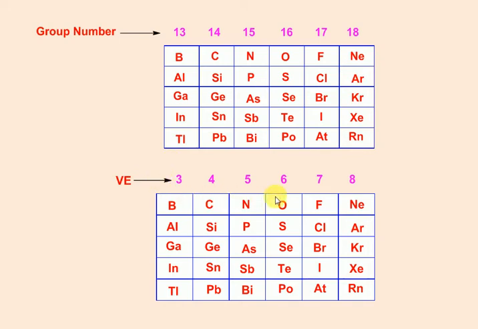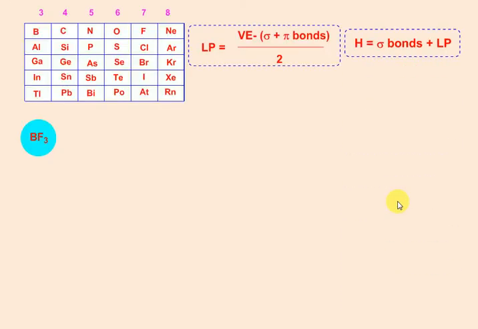And we know that in our hybridization formula, valence electrons are very important. So we have to remember this thing. Boron family will have 3 valence electrons, carbon family 4, nitrogen 5, oxygen 6, fluorine 7, and the inert gases 8 valence electrons.